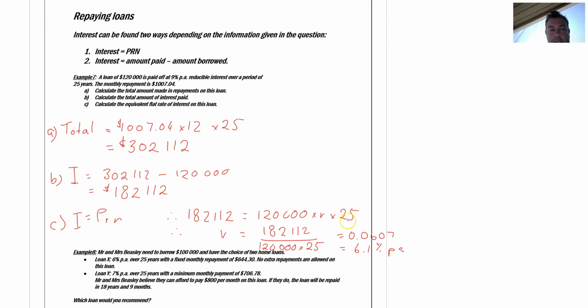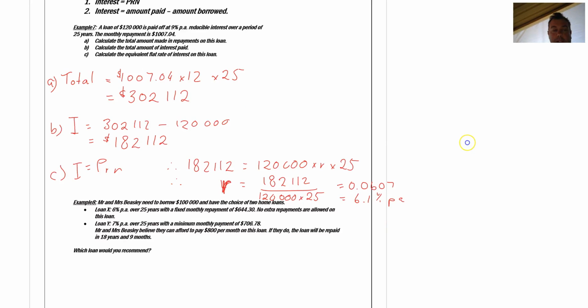We rearrange this interest equation until we make R the subject, and I get about 6.1% per annum. So that's an equivalent flat rate of interest. If I borrowed $120,000 for 25 years at 6.1% per annum, simple interest, I would end up paying back $302,000.